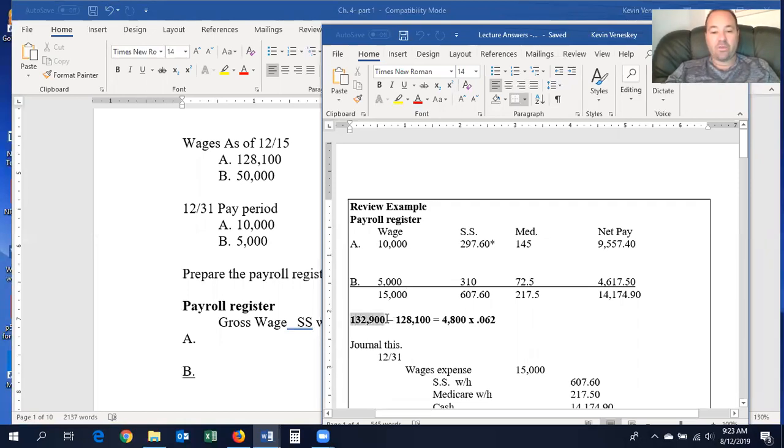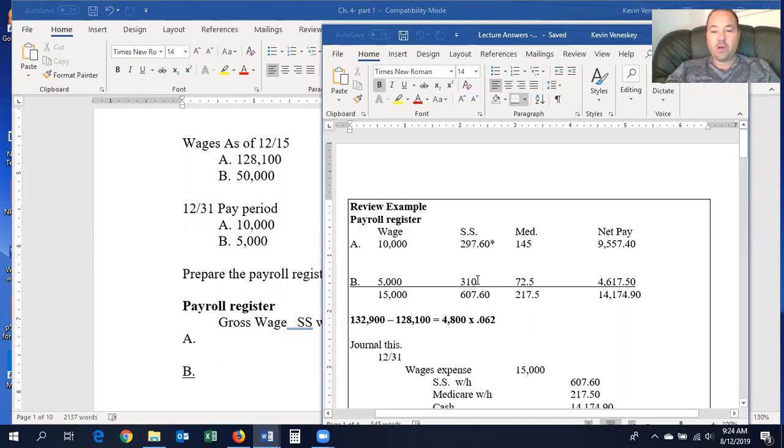So we take the cap minus what they've already made, and instead of 10,000, they only have 4,800 left to be taxed at 6.2%, and that's how I got this amount here. Medicare is the full 10,000, no cap. So we can figure their net pay based on just these two deductions, not including any other deductions they may have had.